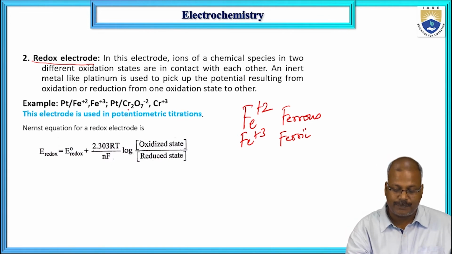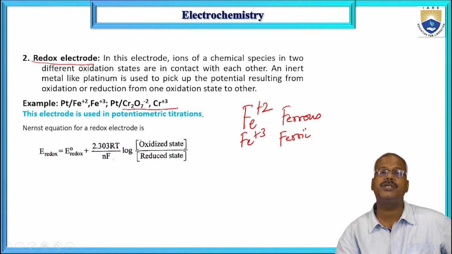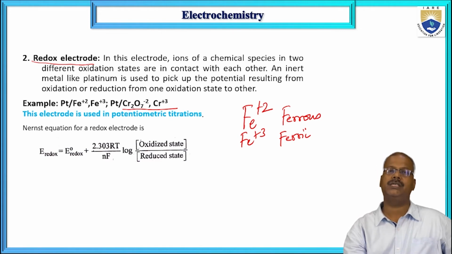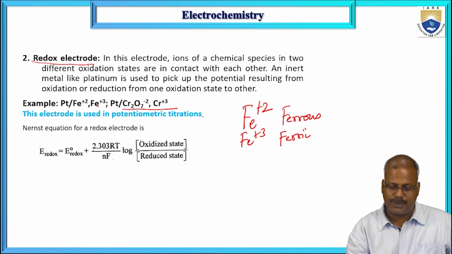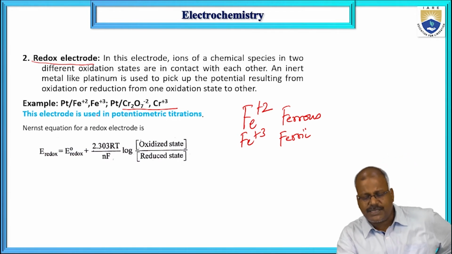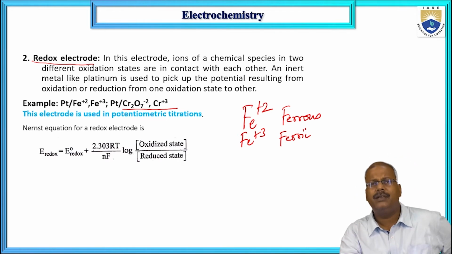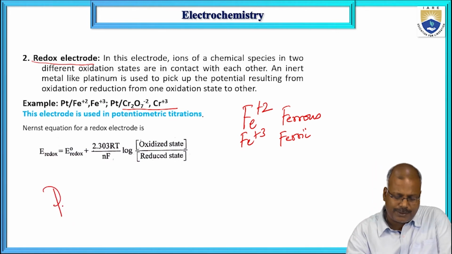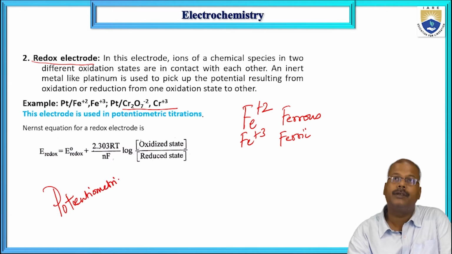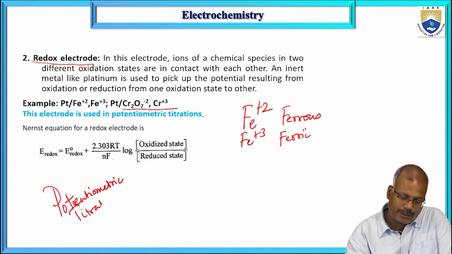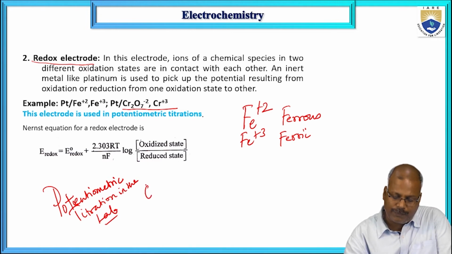That happens with K2Cr2O7, which is an oxidizing agent, meaning it oxidizes other species and gets reduced itself. So, platinum bar, Fe2+, Fe3+. This is the same example. We will do potentiometric titration in the laboratory, which will tell you the amount of ferrous ion in the solution.